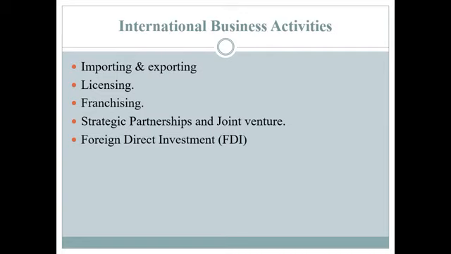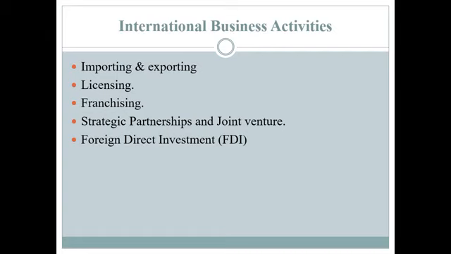The first one is importing and exporting. What is this activity? What is import and what is export? These are the two terminologies which we usually utter, right?